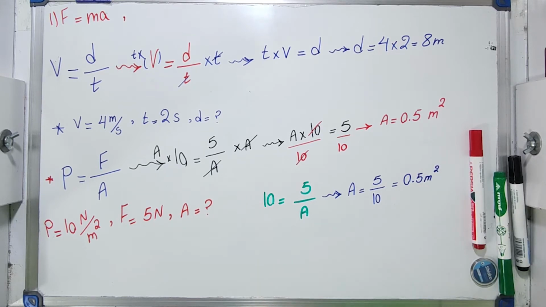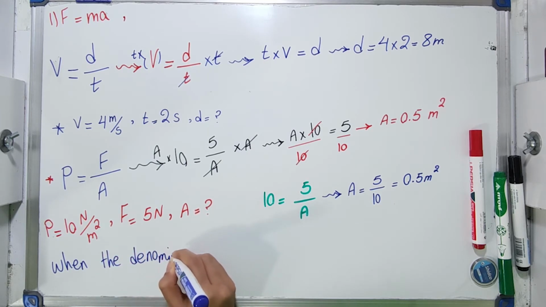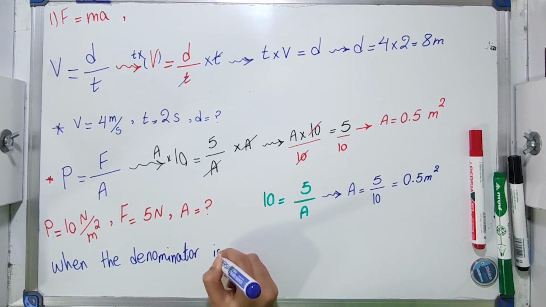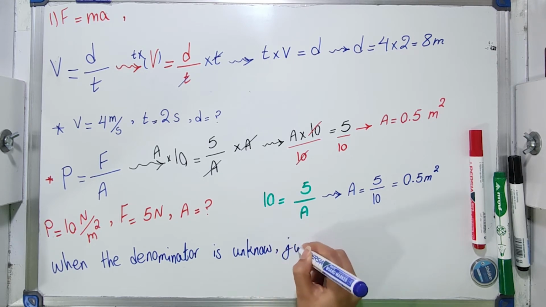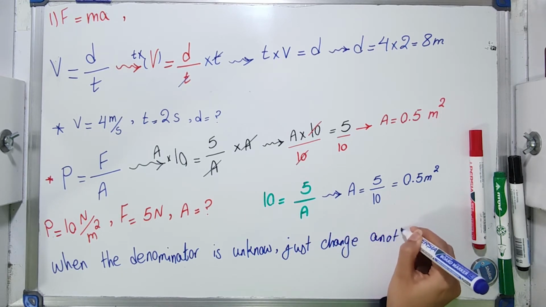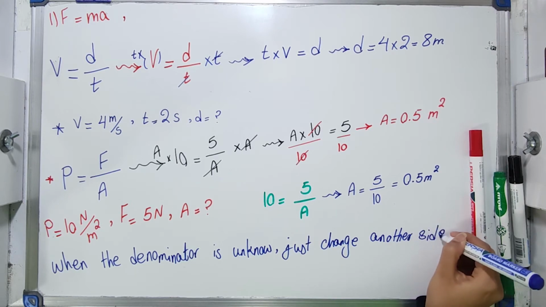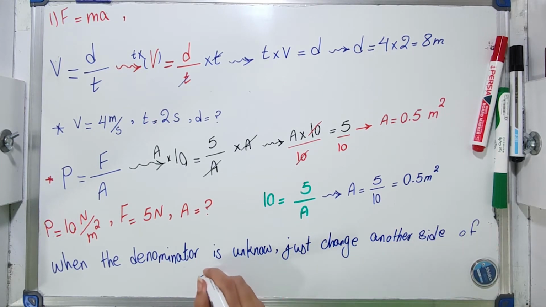So don't forget that whenever the denominator is unknown, just change another side of the equation, let me just write here, equation with denominator.